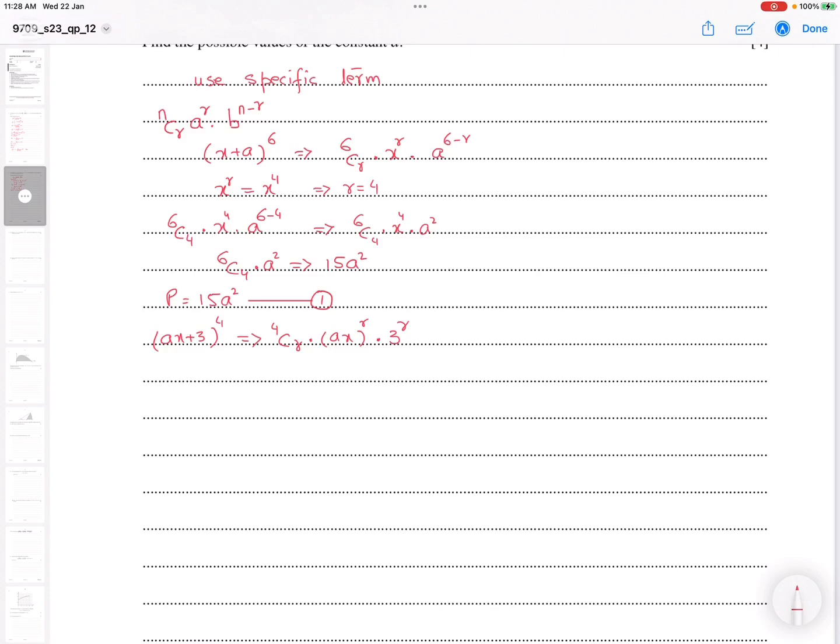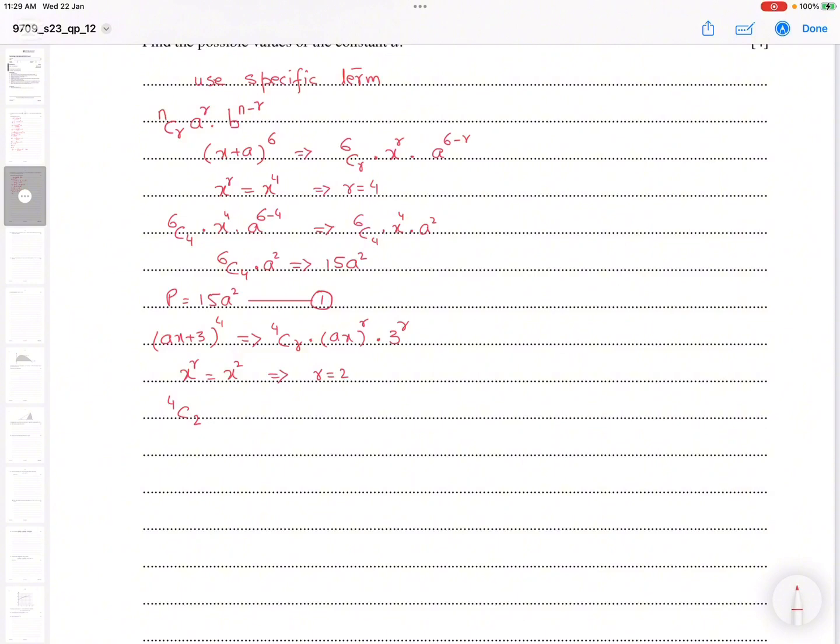Again collect the x terms, so I can write x power r and equate it with x square, because we need to find the coefficient of x square. So from here r equals 2, because the bases on either side of the equal sign are the same. So now put this value of r in the equation.